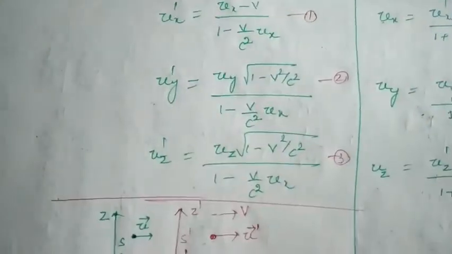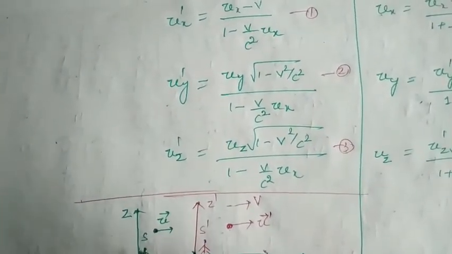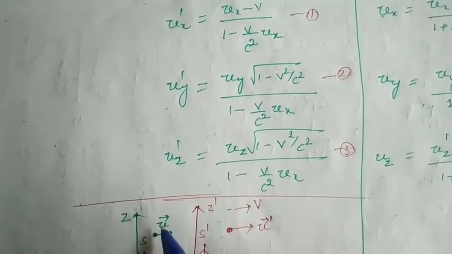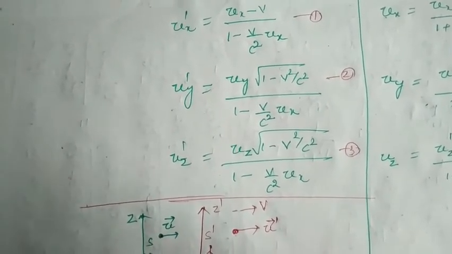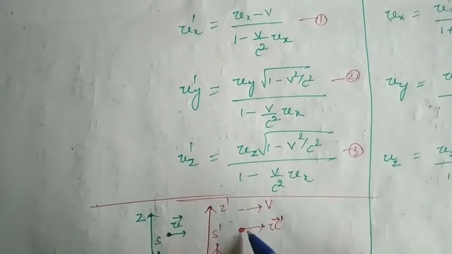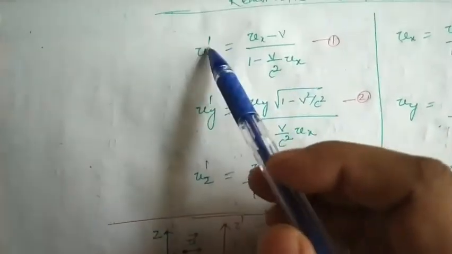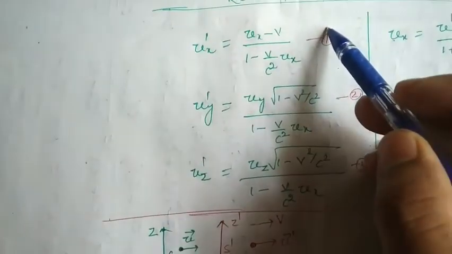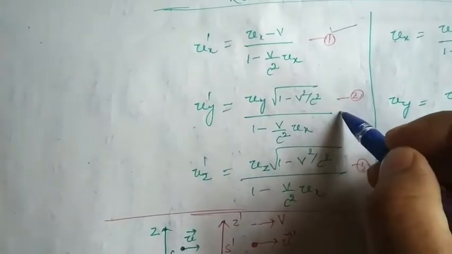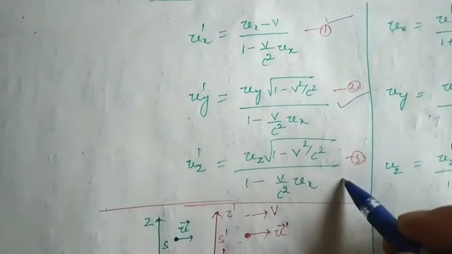Suppose u is the velocity in your S frame, then it has three components ux, uy and uz. Then ux dash, uy dash, uz dash in S dash frame will be this one. This is your equation number 1. Ux dash, uy dash will be this one, it is your equation number 2, and uz dash will be this one.